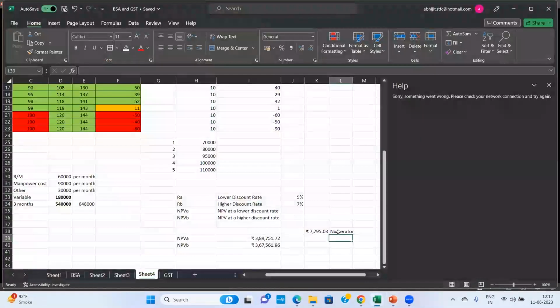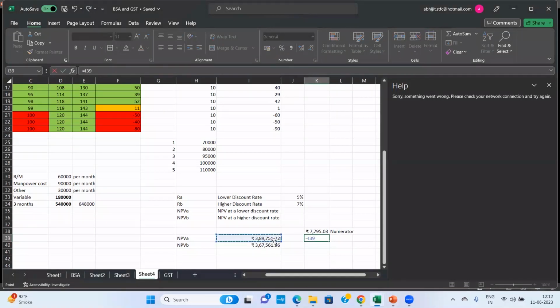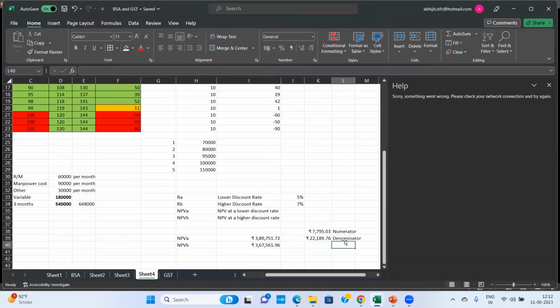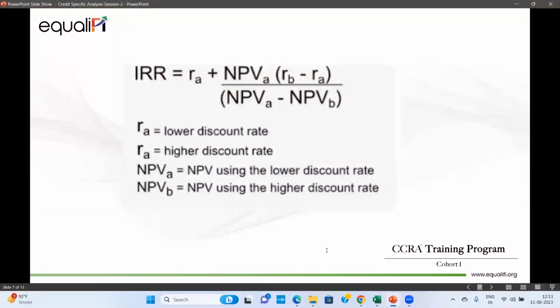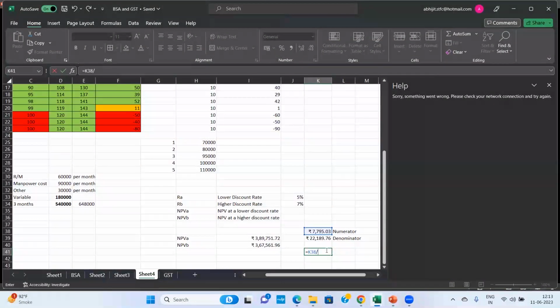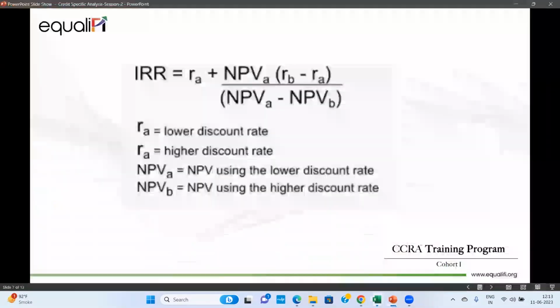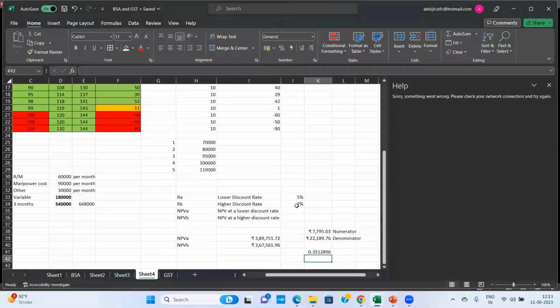NPVA minus NPVB. This is my denominator, right? This numerator by denominator will come as a fraction, 0.351. What is my RA? My RA is 5%.